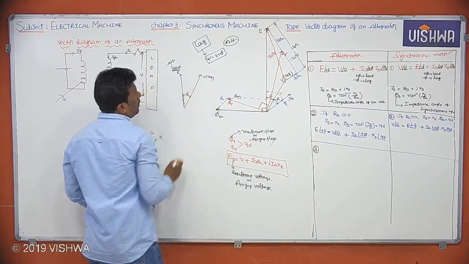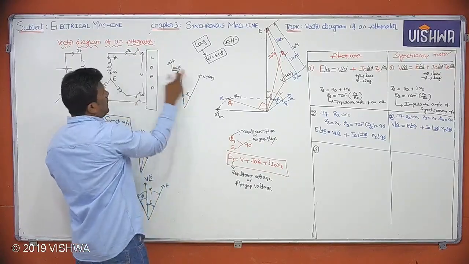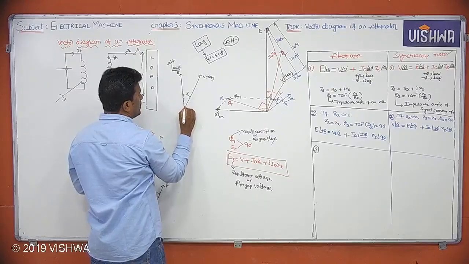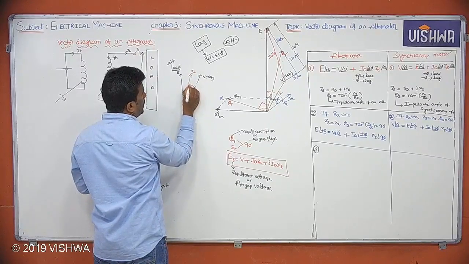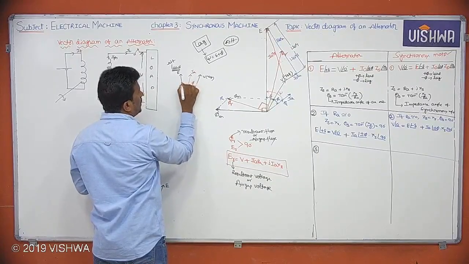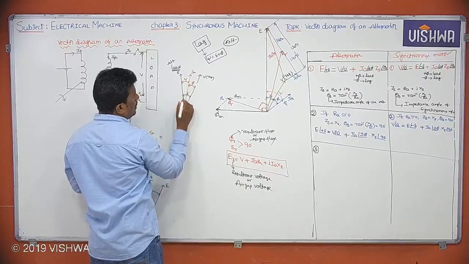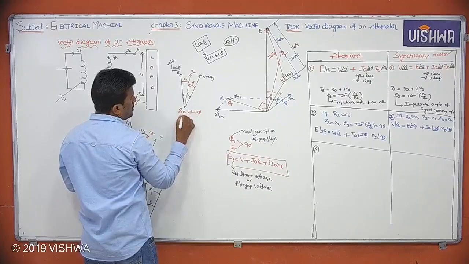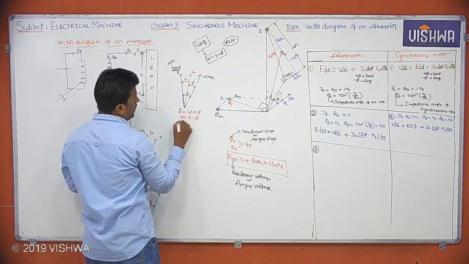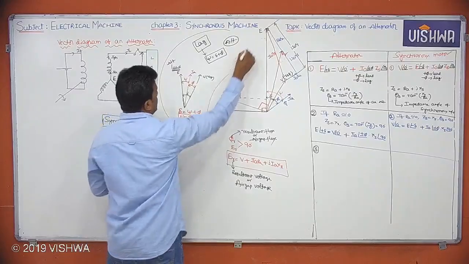Delta, as we know. Leading means load current IA leads voltage. Here it will come, this is IA. Now the angle between V and IA is nothing but what? Pi. Between E and IA is what? Psi. Tell me the relation. Delta equals psi plus pi. Psi equals delta minus pi. See, it's very simple. For alternator these are the two things I am saying.